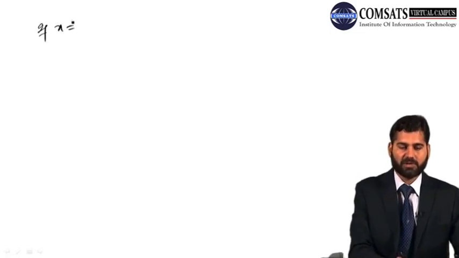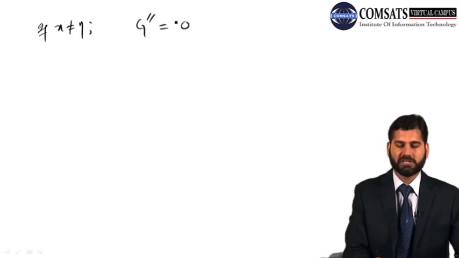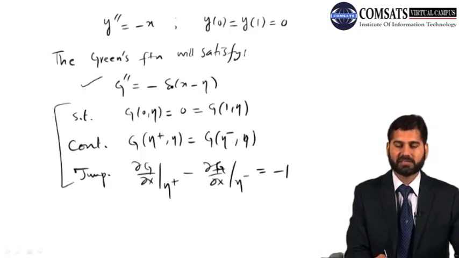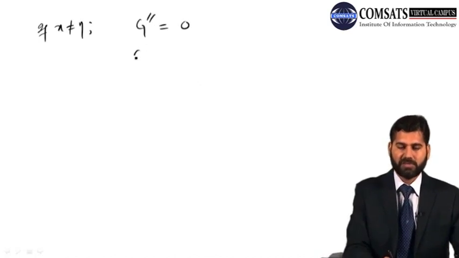So first of all, if x is not equal to eta, then the differential equation is G double prime is equal to 0, because delta is equal to 0 whenever x is not equal to eta. So from here, if we integrate it once, I will get C1, integrated a second time C1 x plus C2.